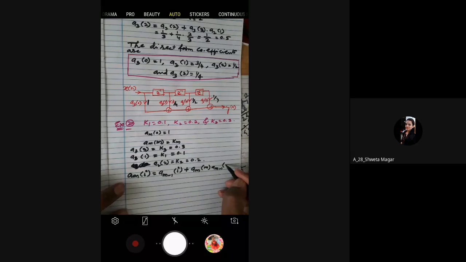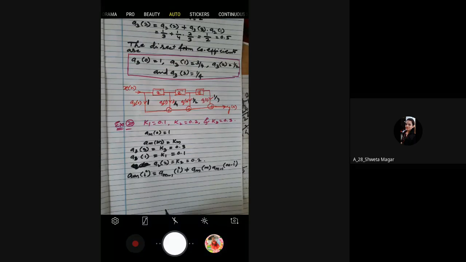So here, first, we have already taken m equals to 1.